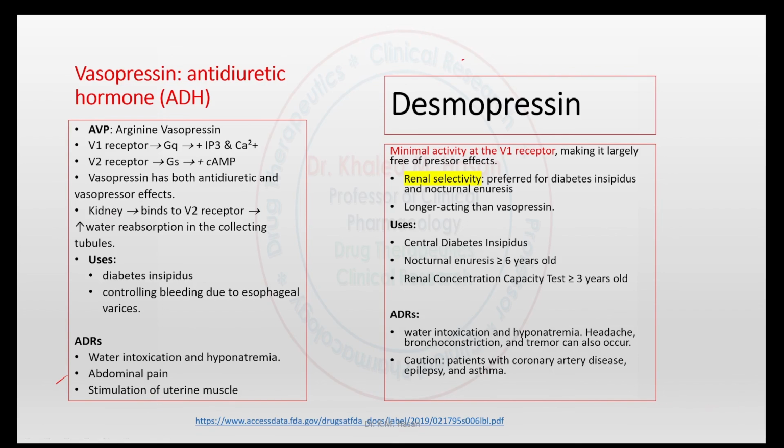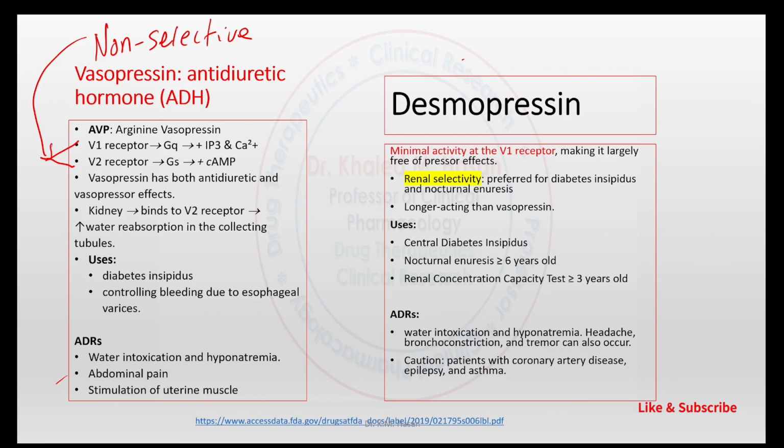Okay, we already covered vasopressin, and you can see vasopressin is considered a non-selective agent because it affects two receptors, V1 and V2. For this reason, the pharmaceutical company developed something more selective.